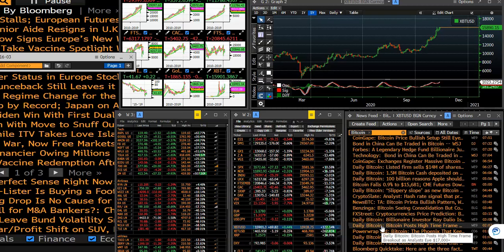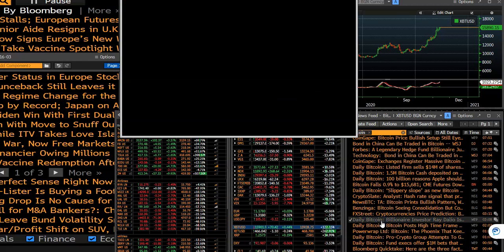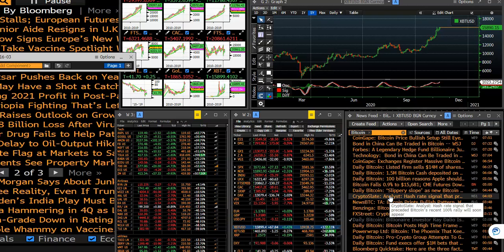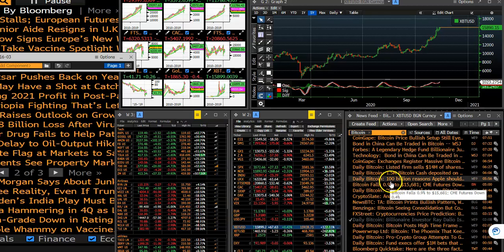So, Bitcoin first time frame breakout. Okay, that is talking about breakout news. Billionaire investor Ray also supports that. So these are previous news still coming in. Bitcoin prints bullish pattern. Okay, so again, bullish news. A signal that preceded Bitcoin's 100% rally will soon appear. Again, a very bullish headline. 100 billion reason Apple should get behind.